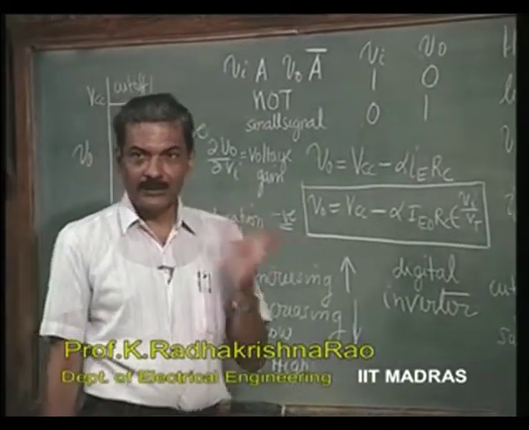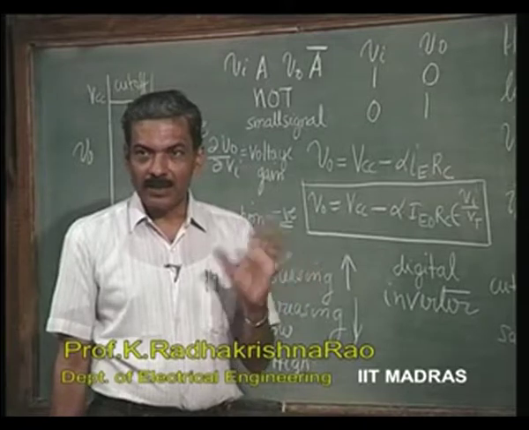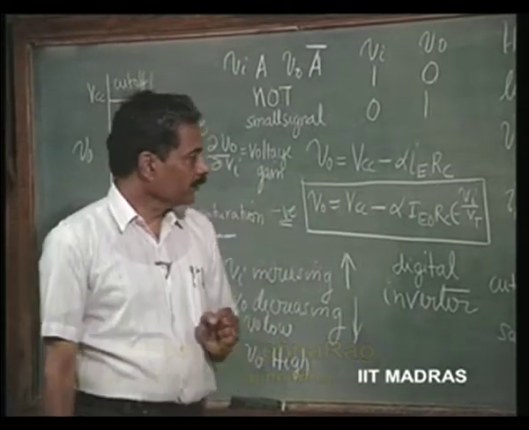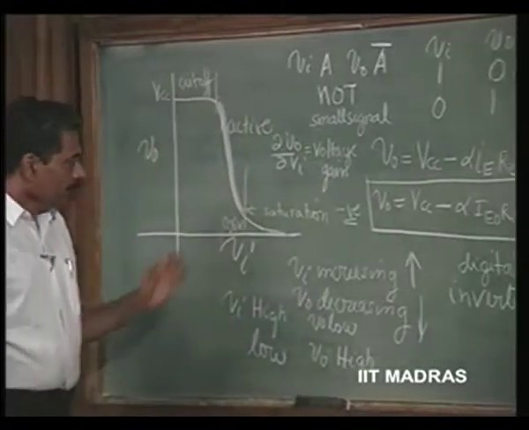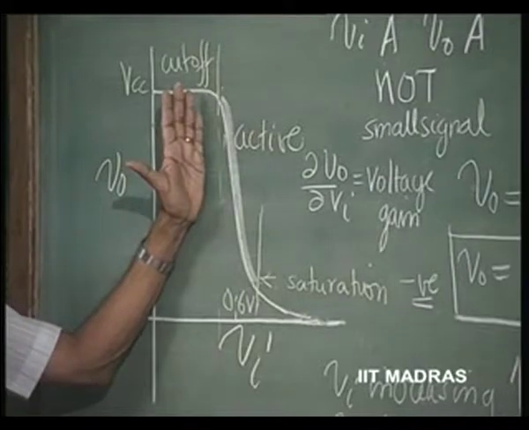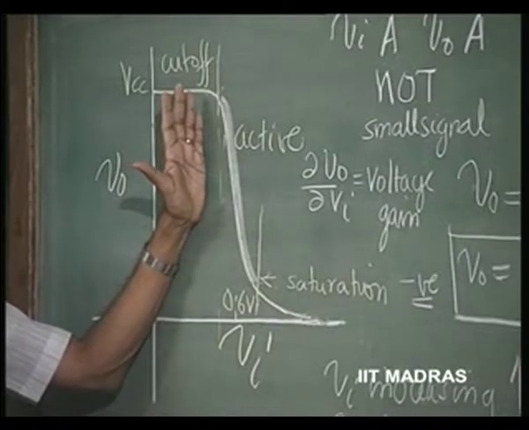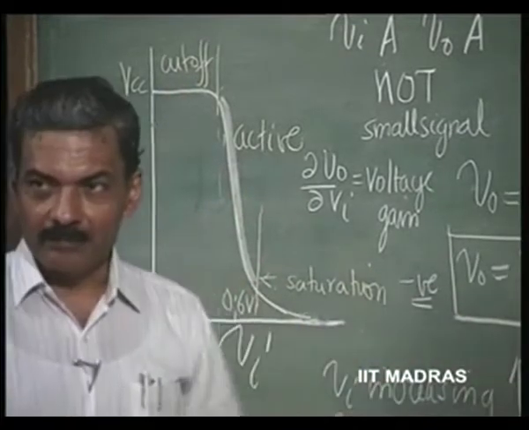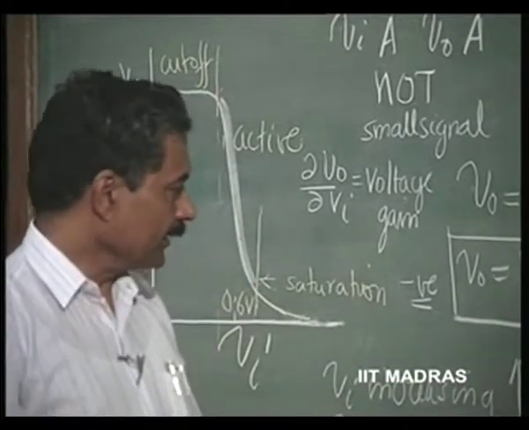Just using only NAND gates and NOR gates, you can build any logic system that you desire. So if we incorporate this inverter as one of the basic building blocks along with the other gates that we have discussed, we can build any digital system, logic system that we desire.